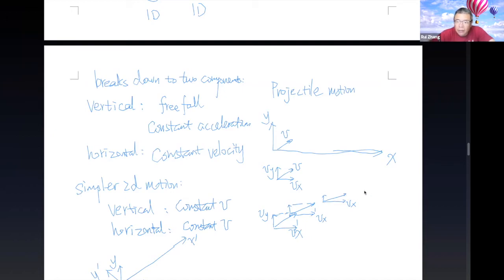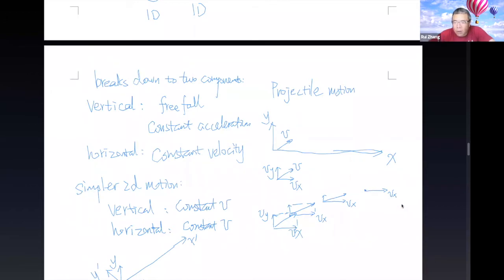In the end, Vx is the same, but Vy is going to become zero, because it's the same as free fall, right? So in the end, you lose all the y components. The velocity is going to be totally along the x direction, okay? That actually defines the highest point for this motion.